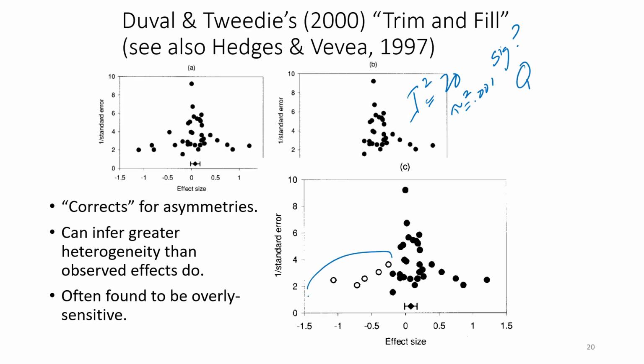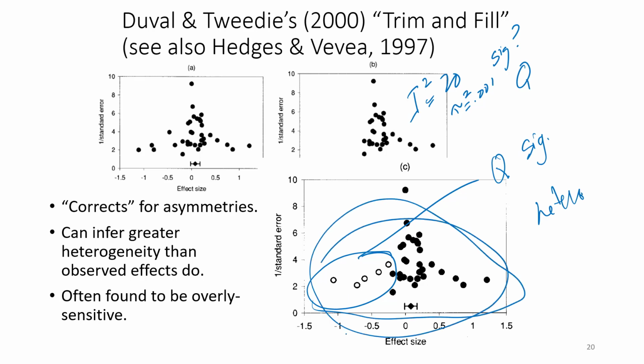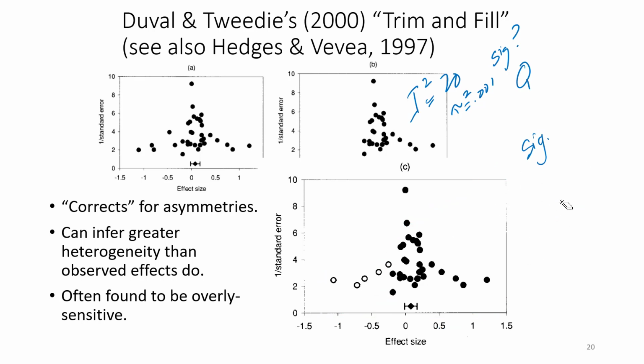But once you infer these tests down here, probably Q will be significant. And then you've got heterogeneity. So in fact, this distribution might imply more than one population of effects. And so you're back to that problem of, well, when do you trust publication bias tests? When you've got multiple population effects in your particular literature.